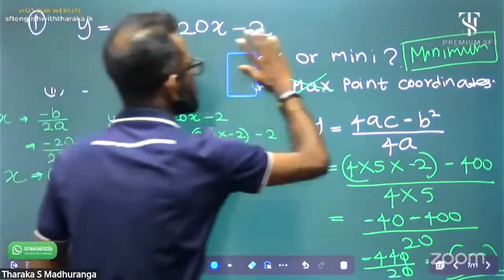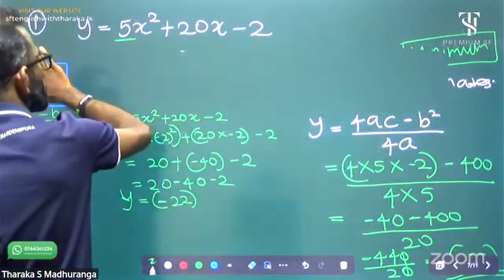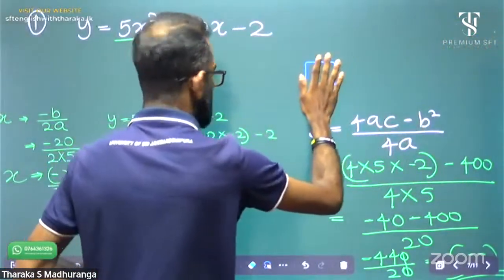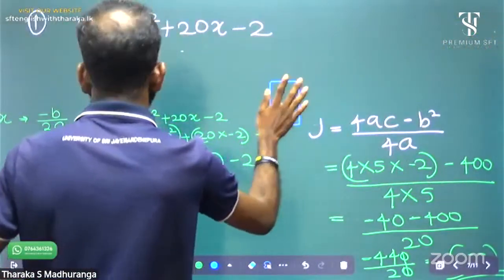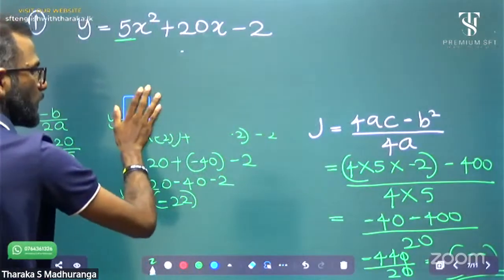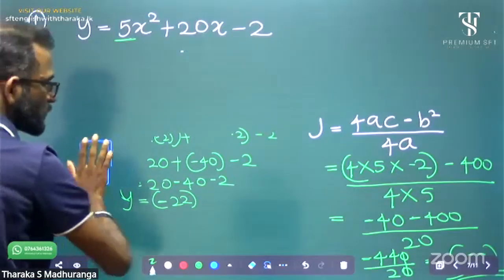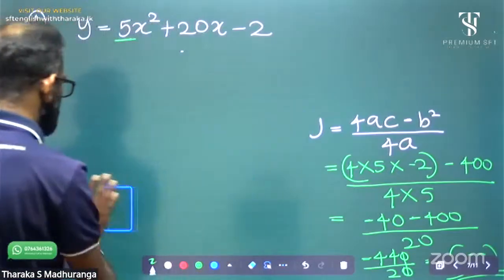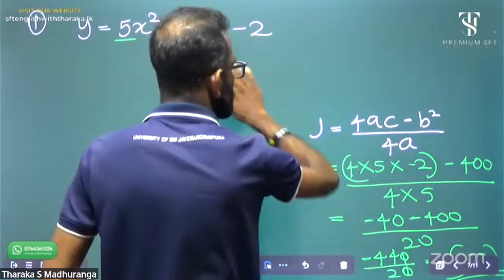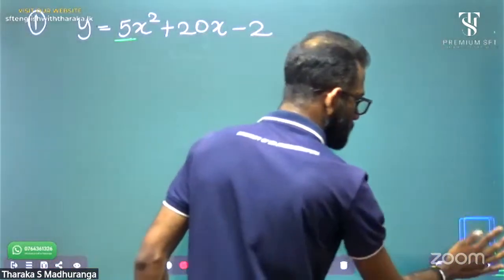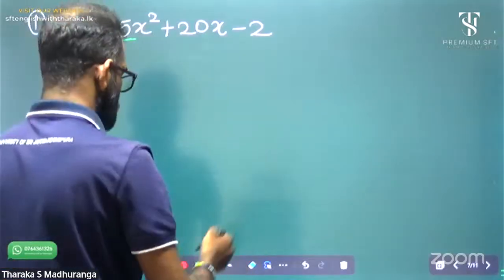Let's modify this. Now you already know the turning point coordinates, minus 2 and minus 22.